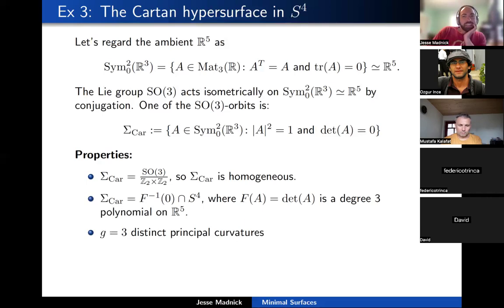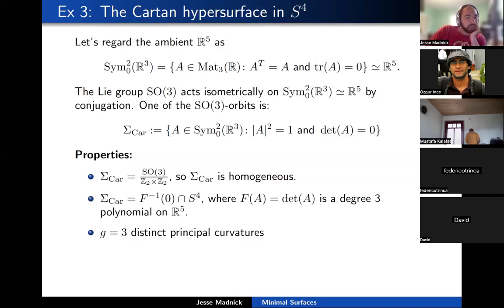And again, it's cut out by the intersection of the sphere and a polynomial. This polynomial now is just the determinant. And the determinant, if you think about it, is a degree 3 polynomial on R5, because we're working with 3x3 matrices, of course.